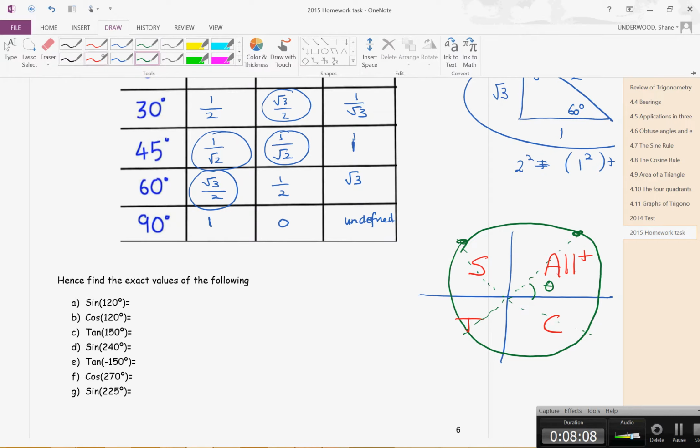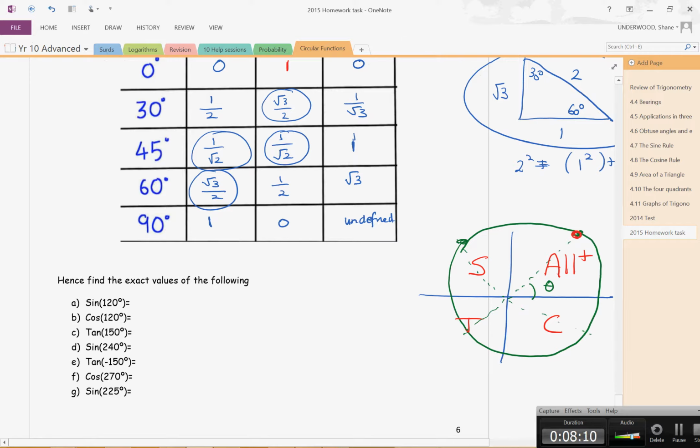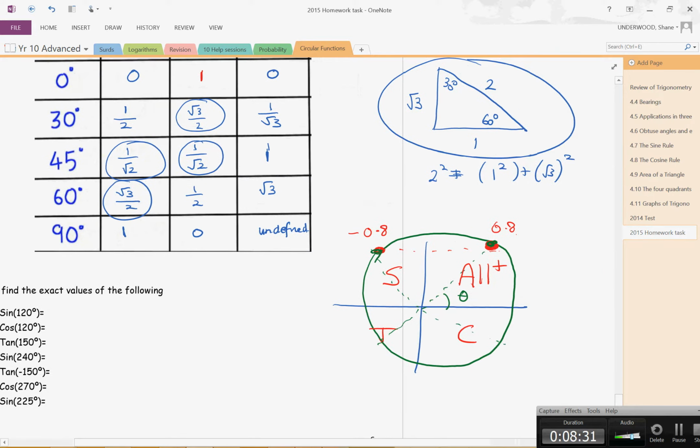But what can you tell me about the x-coordinate here? Let's just say the x-coordinate here was 0.8. What can you tell me about the x-coordinate there with the same reference angle in the second quadrant? It's 0.8, but it's negative 0.8. But what about the height? Let's just say if my value of sine theta was 0.9, what would be my height over here?